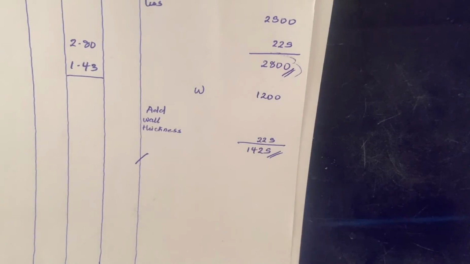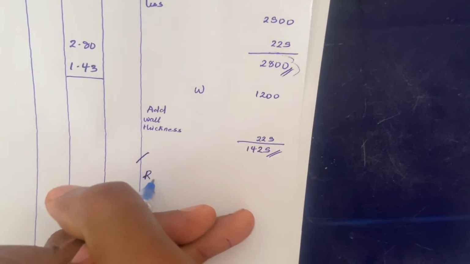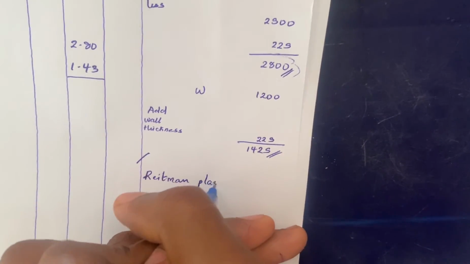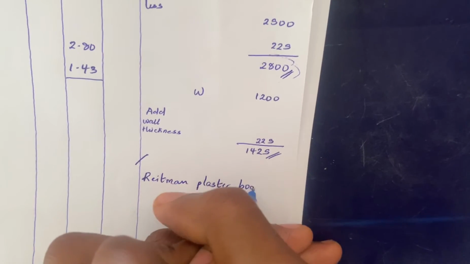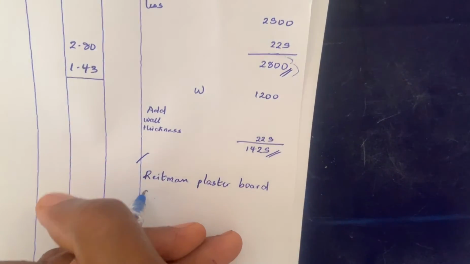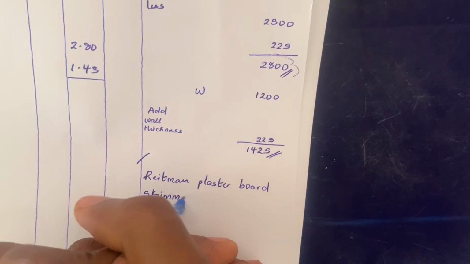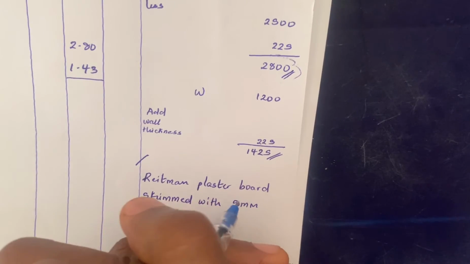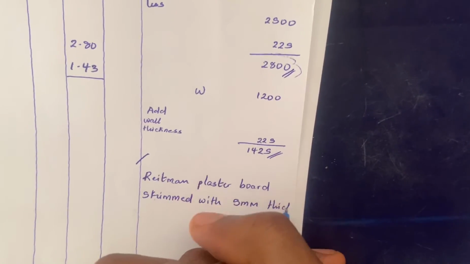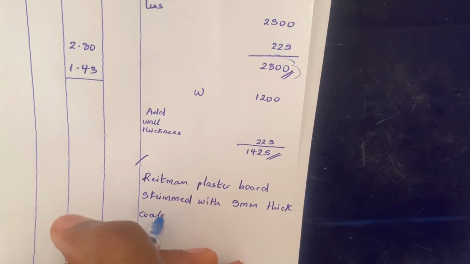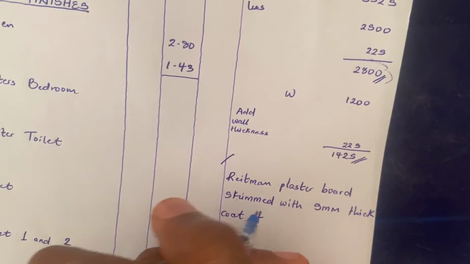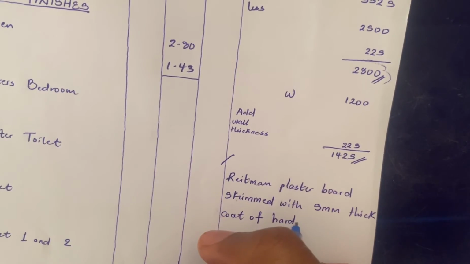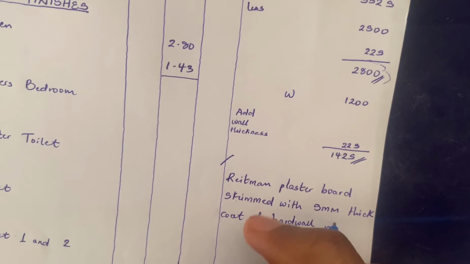So we will book by saying ceiling finishing as type plasterboard, skimmed with 5 mm thick coats of hard wall plaster.